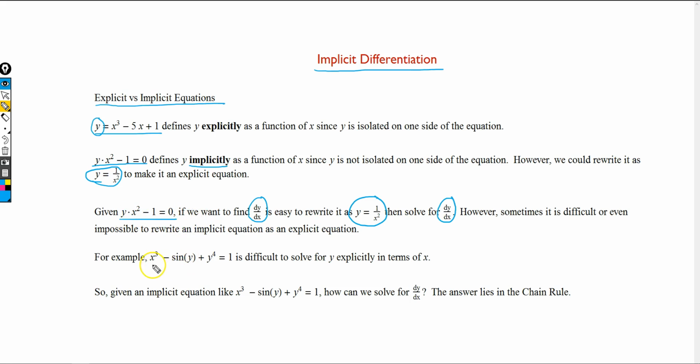For example, if you look at this equation down here, x cubed minus sine y plus y to the 4th power equals 1, this is really difficult to solve for y explicitly in terms of x, but we may still want to find what dy dx is equal to. So how can we find dy dx for an implicit equation like this? Well, the answer lies in the chain rule.